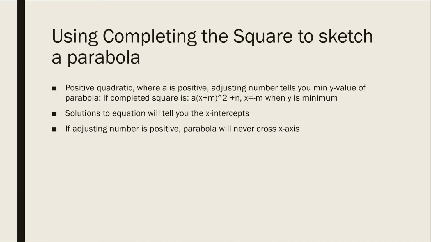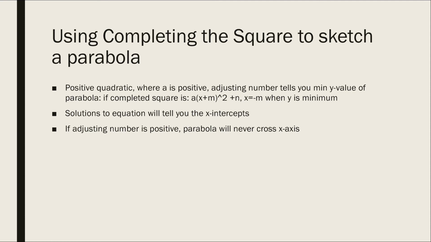So, there are main rules to know how to sketch a graph using completing the square. If it's a positive quadratic, so the coefficient a is positive, the adjusting number tells you the minimum y value of the graph. The adjusting value is the thing that we changed.